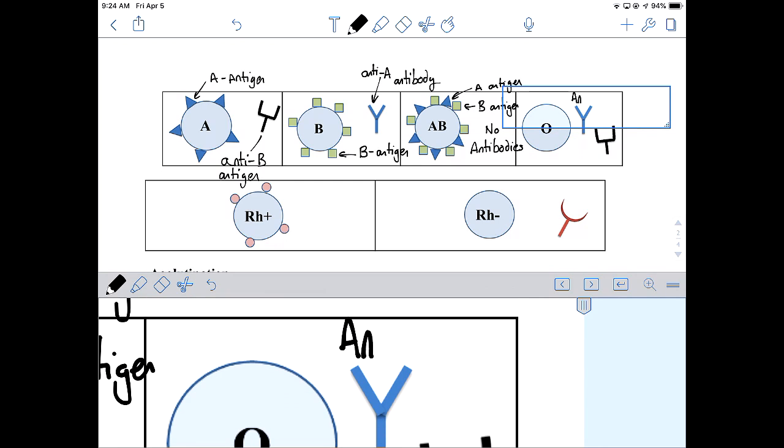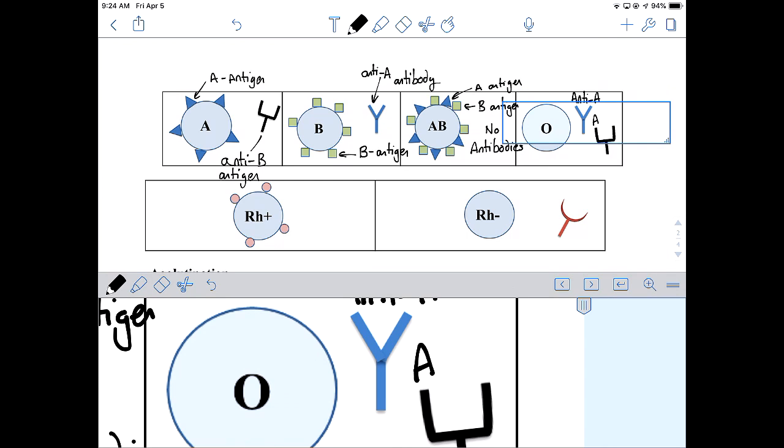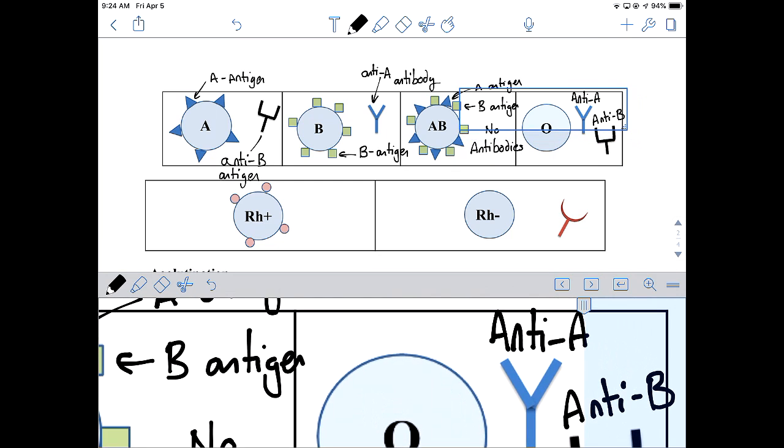If we continue over here, we see the anti-A and the anti-B. And of course, on O, we see no antigens.